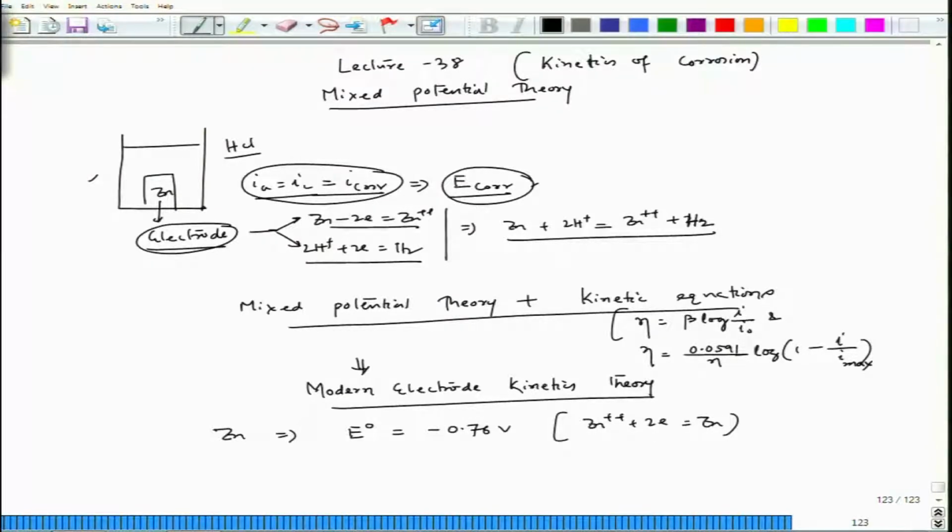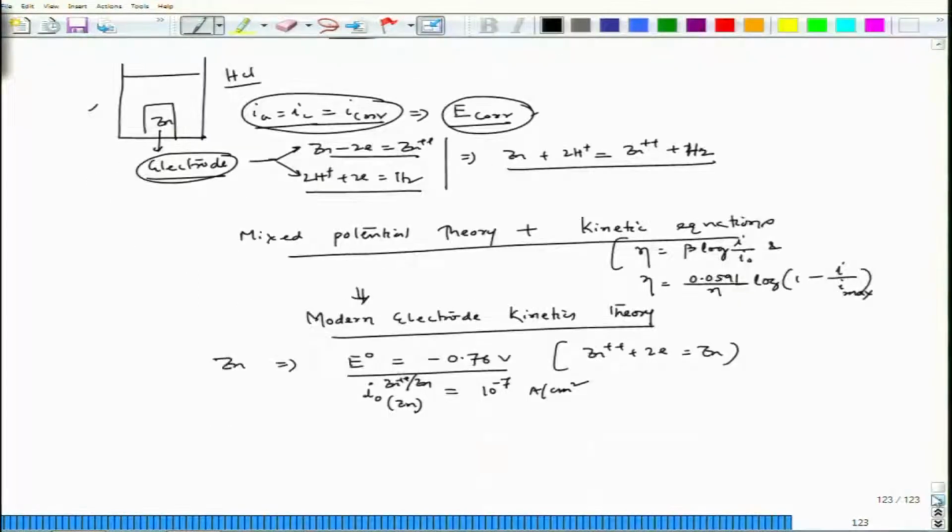Let us assume that in the beginning it has zinc ions, and then we have this equilibrium potential. At that potential I have I0, which is the exchange current density, of course on the zinc surface, for the Zn2+/Zn reaction, and let us say its value is around 10 to the power minus 7 ampere per centimeter square to begin with.